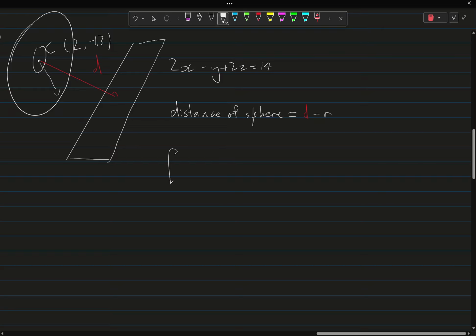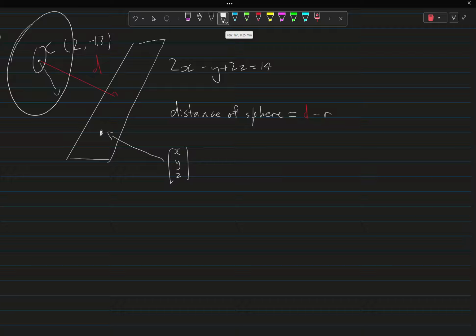So I have x, y, z on the plane, and once again I take the xyz and I find the vector from xyz to the center.